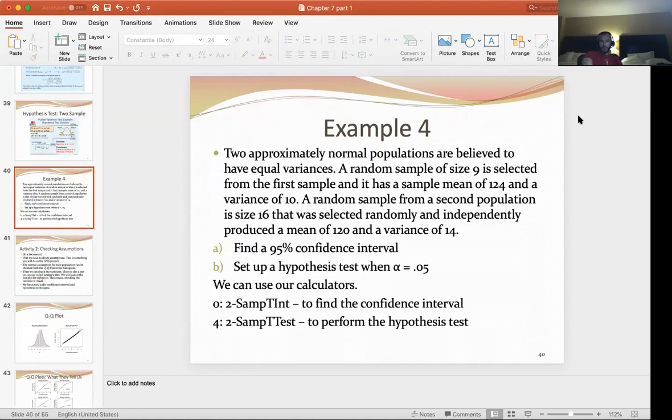Okay, we got Mary confirming Karen's result. Shannon is saying fail to reject. Let's get some people confirming or denying that. Is it pooled or not pooled? Oh, good question. What do we think? It's pooled because the variances are assumed to be the same. Okay, thank you. I didn't want to hit the button until I had an answer to that. Is that right? Yep. That's right. Believed to have equal variances, so you can pool it.